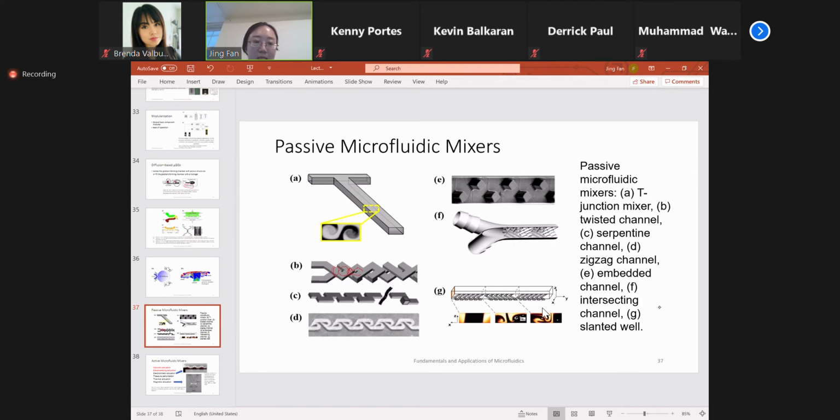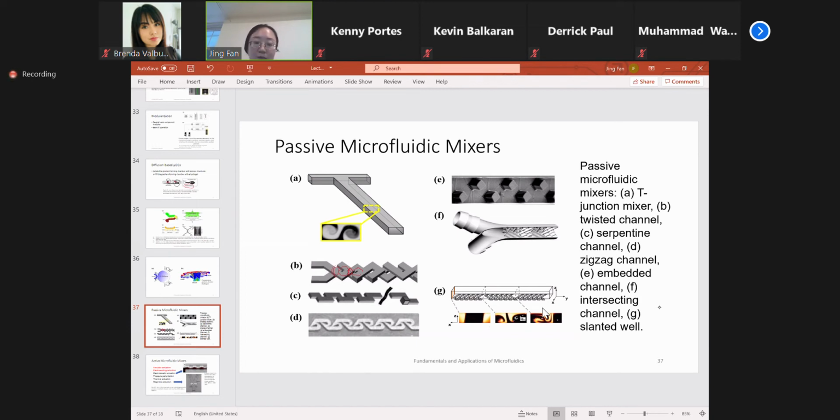And then panel D, people call it a zigzag channel. In these zigzag channels, the fluids also tend to split and recombine through the channel. Besides doing experiments, people have also conducted finite element simulation and shown that when the Reynolds number is below 80, the mixing in such channels is mainly attributed to the diffusion effect.